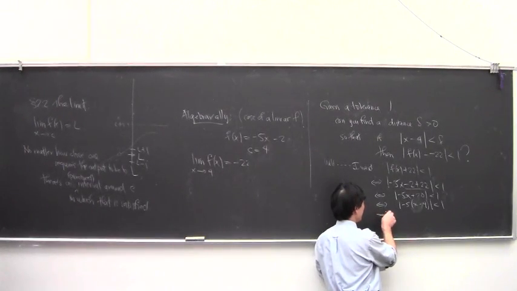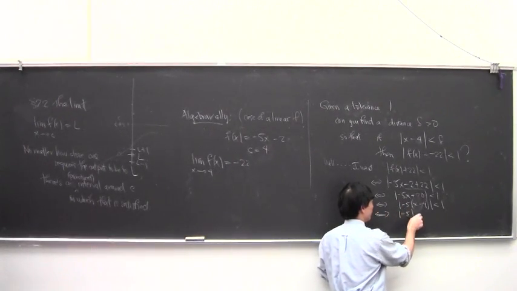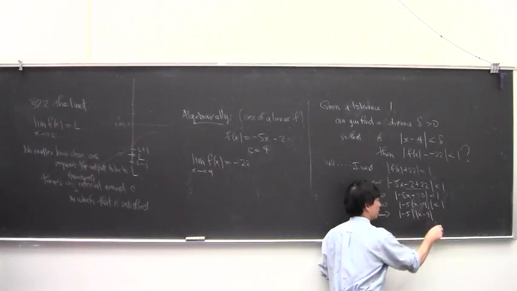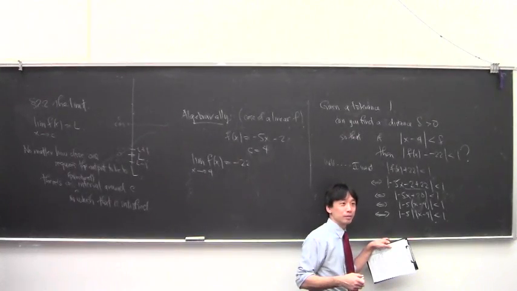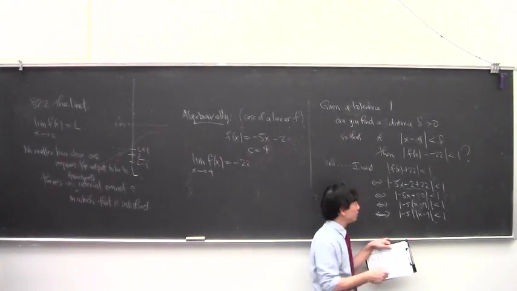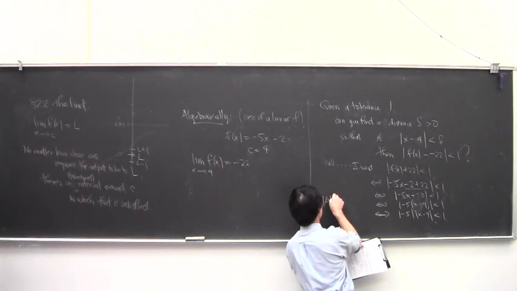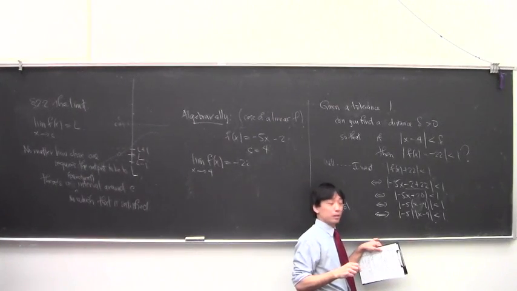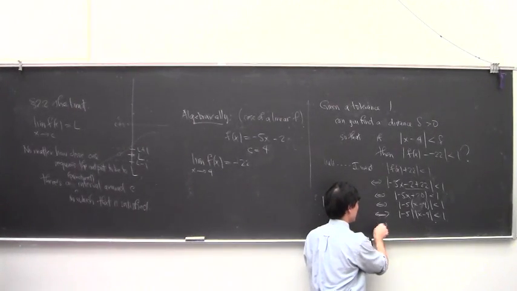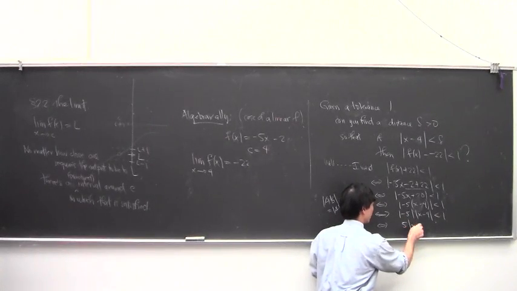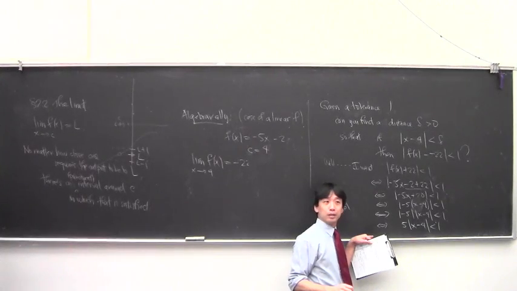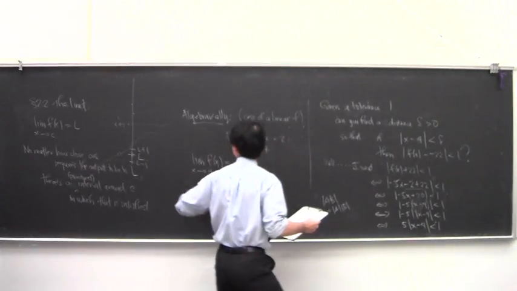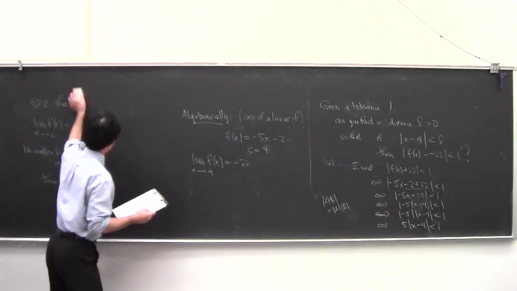Okay. Now we do something that's not elementary school, which is we use the fact that the absolute value of a product is the product of the absolute values. The absolute value of A times B is the absolute value of A times the absolute value of B. And that is the same thing as saying I want this to be smaller than 1. Okay.